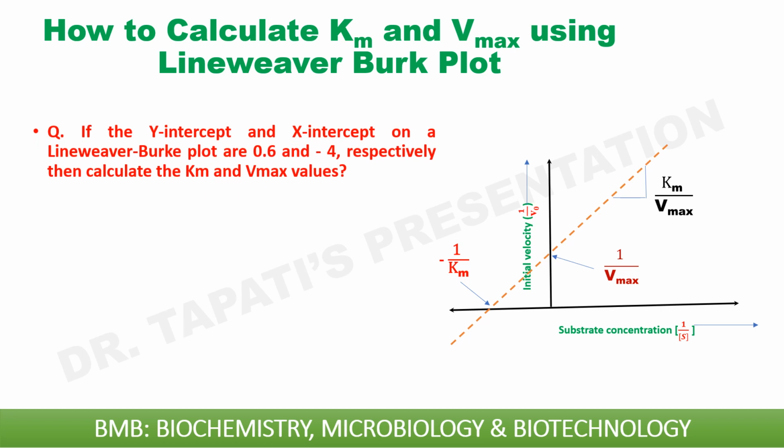You will understand through an example. This is the question: if the y-intercept and x-intercept on a Lineweaver-Burk plot are 0.6 and minus 4 respectively, then calculate the Km and Vmax values. The y-intercept is this point, that is 1 by Vmax, and the x-intercept is minus 4.